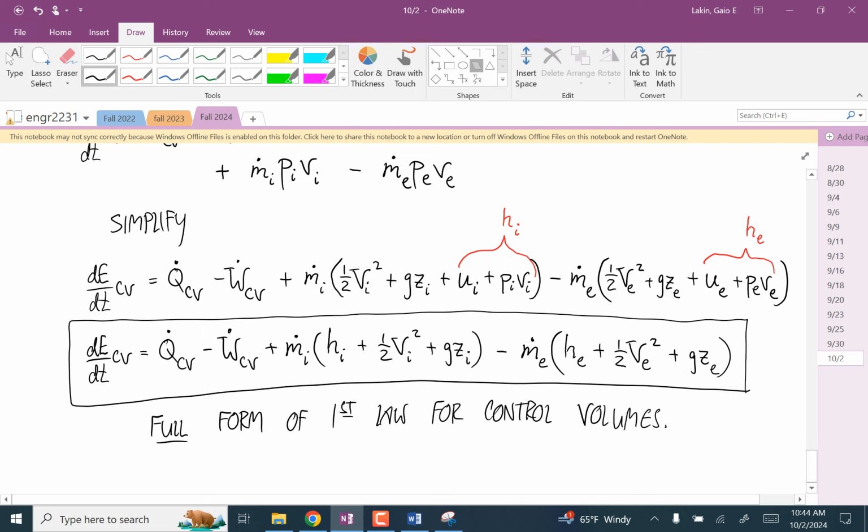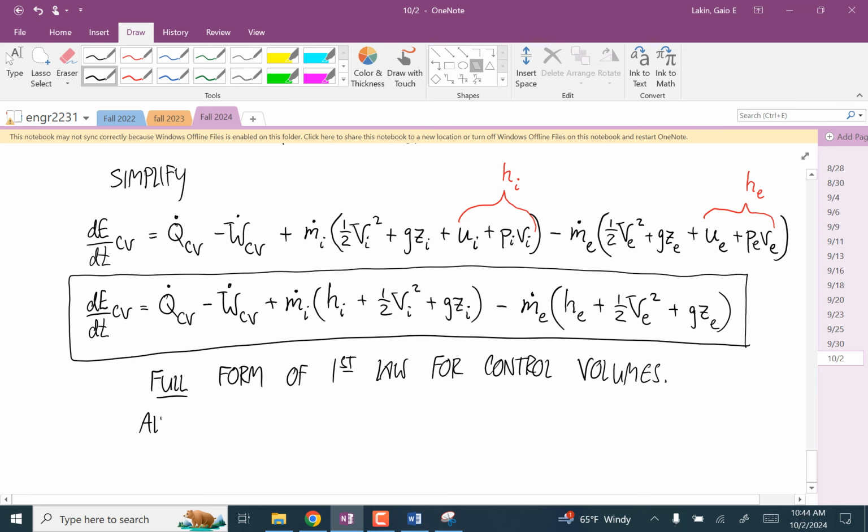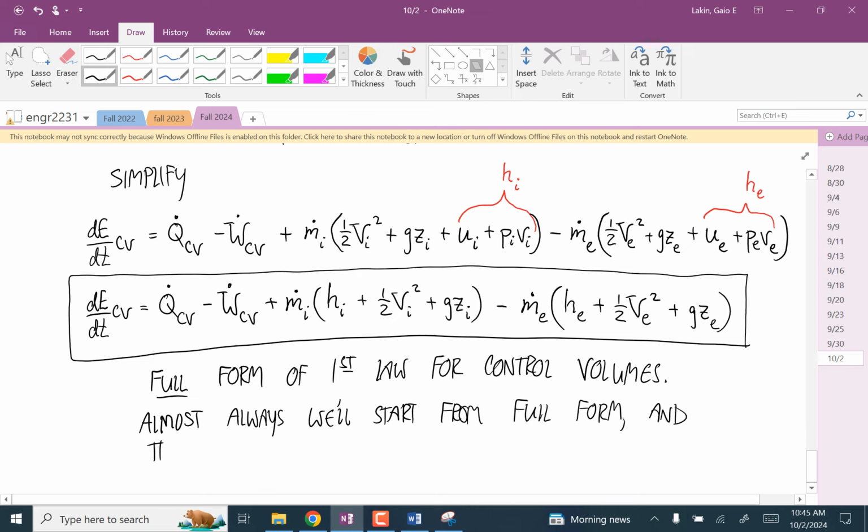And I think probably in every single case, definitely in most cases, so let's say almost always, we'll start from this full form and then simplify it according to the specific problem. A lot of that stuff will end up as 0.